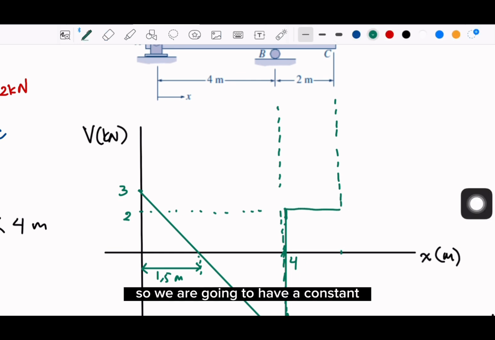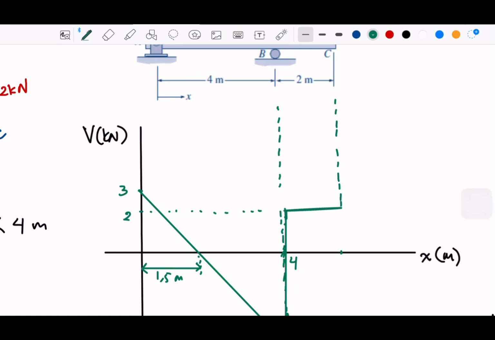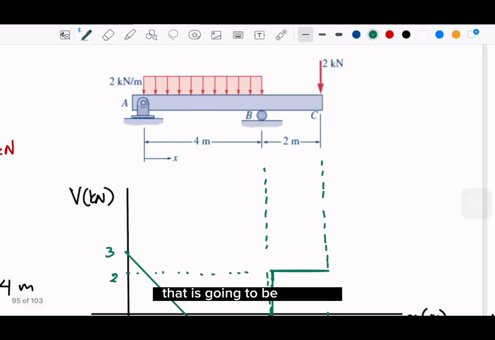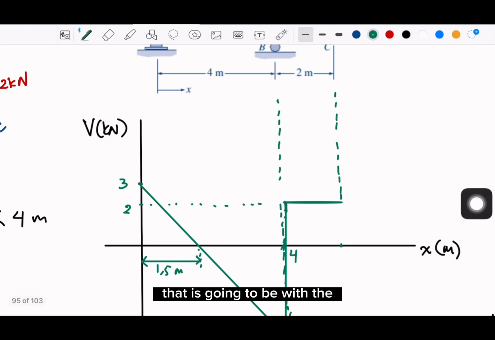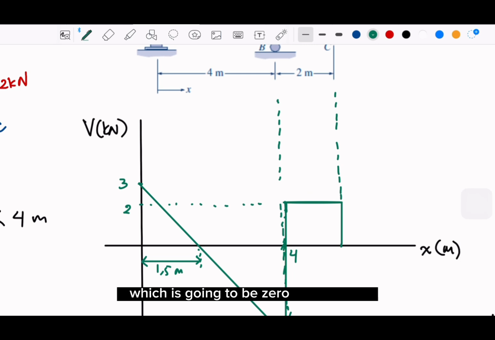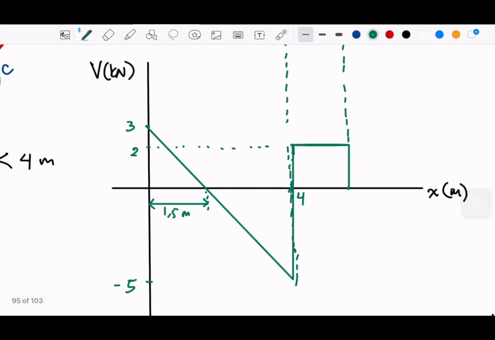So we are going to have a constant with the -2 here, which is going to be 0. So we have this area as our shear diagram.